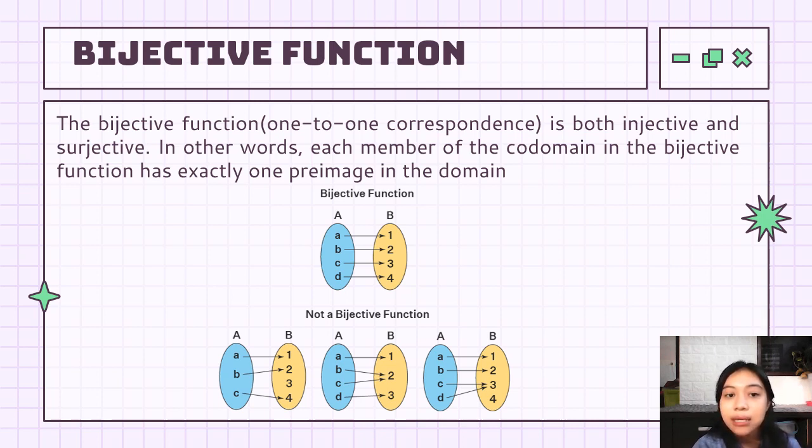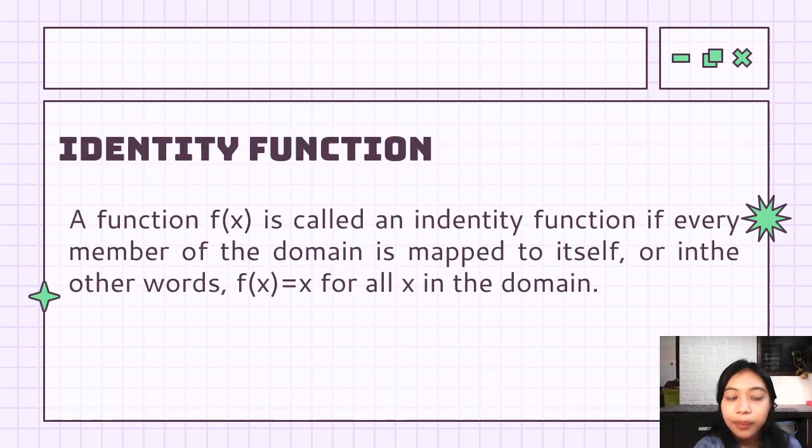You can see in the slide there is a bijective function, and in the section below you can see there is not a bijective function. And then identity function. A function f(x) is called an identity function if every member of the domain is mapped to itself, or in other words, f(x) equals x for all x in the domain.